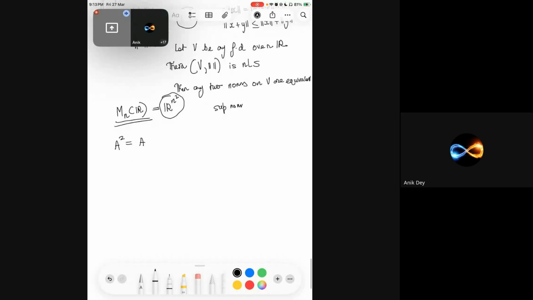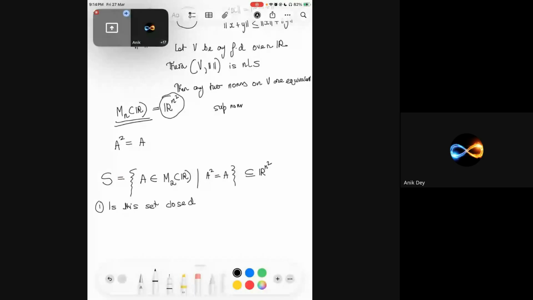This is the last question of today. Let S be the set of all A in M_n(R) such that A squared equals A. Question one: this is a subset of R^(n squared), right? Is this set closed?